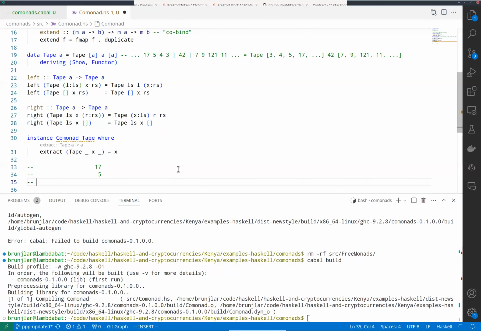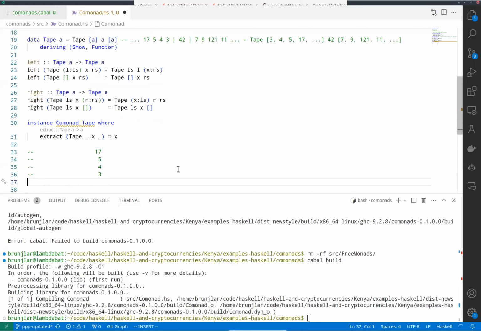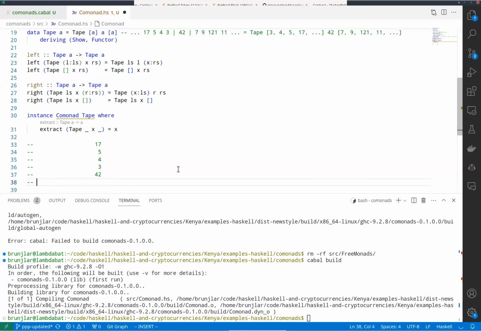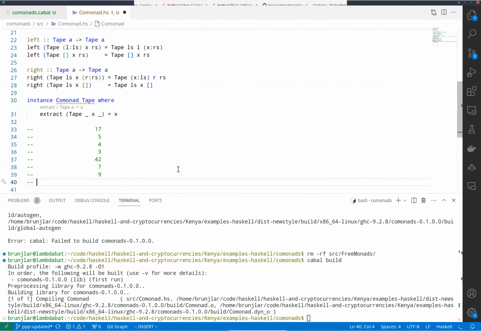5, 4, 3, now was the 42. Try to think how to best draw this. 7, 9, 21, 11.